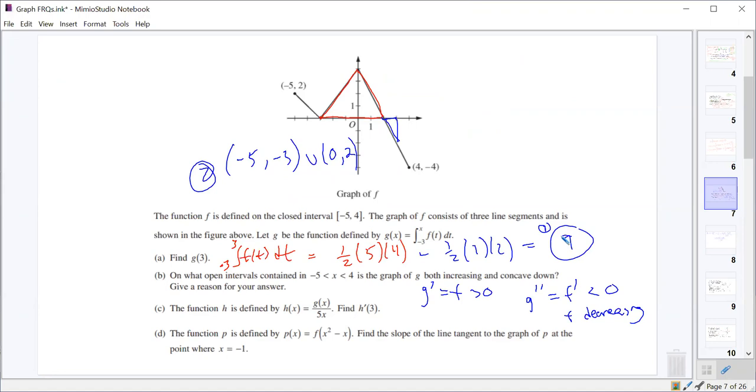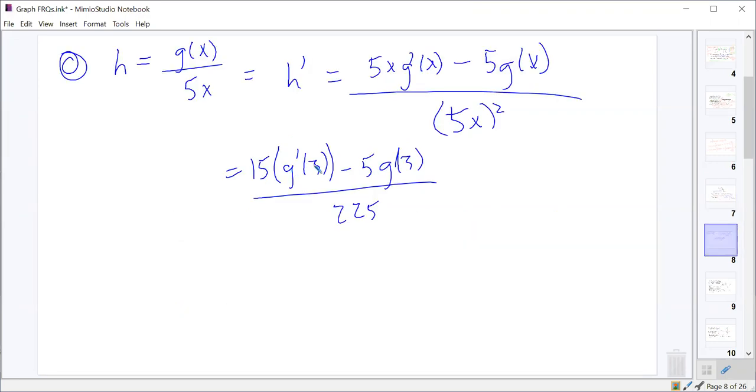And g prime of 3, which is just f of 3, is -2. So we end up with -30 minus 5 times 9. So -30 minus 45 over 225 is -75 over 225, which is -1/3.